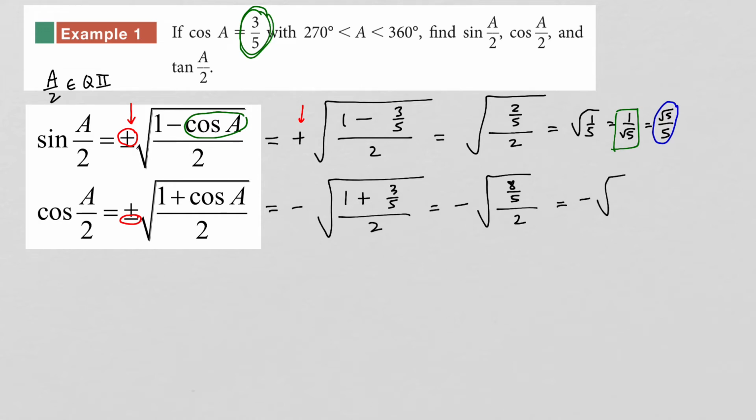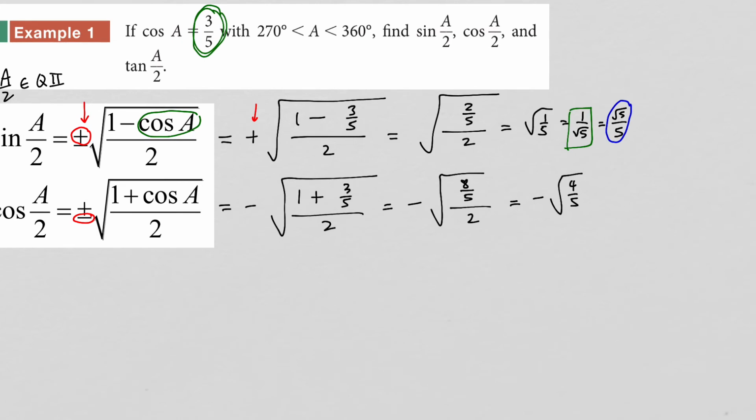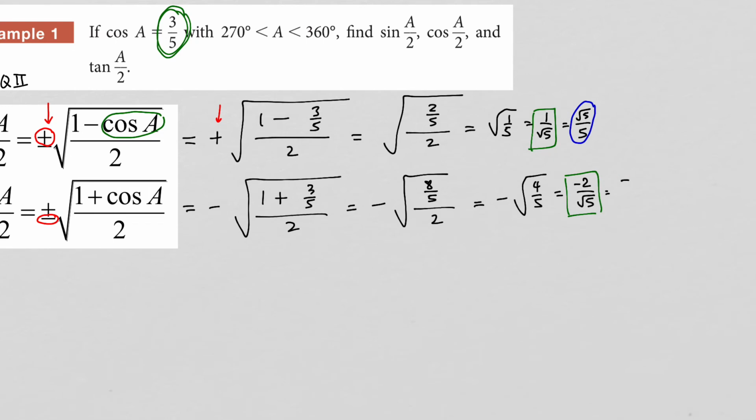And that is the negative square root of 4/5. And that could be simplified to negative 2 over radical 5. So this is one way to write the answer. Or this is equal to negative 2 radical 5 over 5. That's the other way to express the answer.